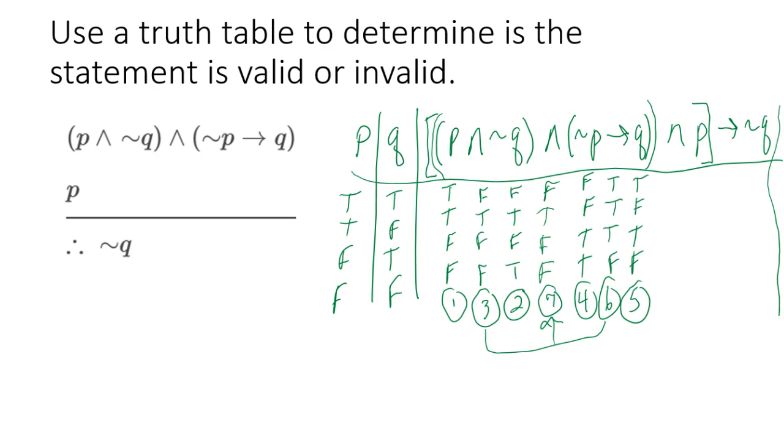And now this one here, false with true is false. And true with true is true. False with true is false. And false with false is false.